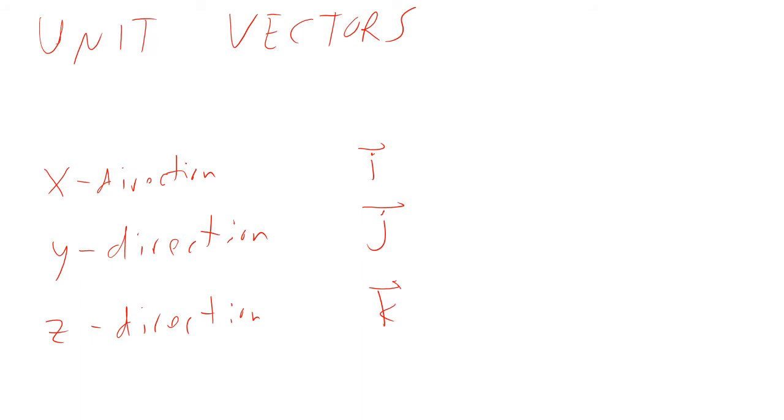Since these vectors have no units, I know they're called unit vectors. Unit means 1, but they have no dimensions to them. They're only parallel to the x, y, and z axes. So we normally symbolize them, instead of a little vector symbol, with a little hat on the top of them.